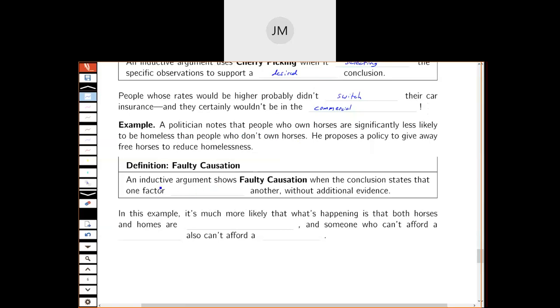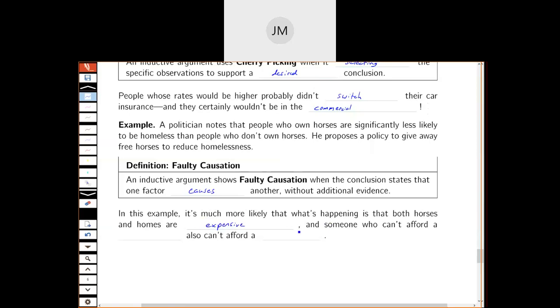Okay, so this inductive argument is called faulty causation because the conclusion states that one factor causes another without any additional evidence. So it's probably not that owning horses makes you less likely to be homeless. What's happening is that both horses and homes are expensive.